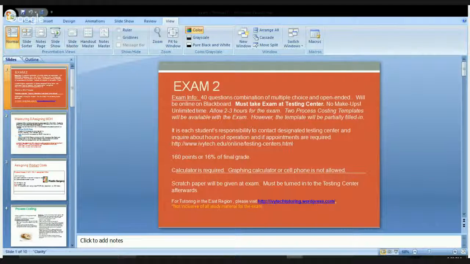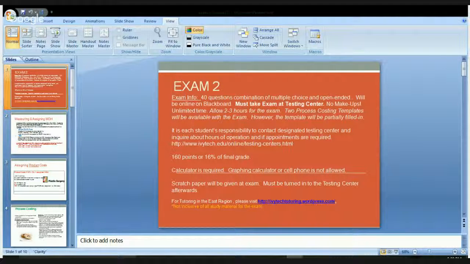Now, we know that the actual cost isn't known until the end of the year. So we have a couple ways that we estimate those. We use the PDOR, or predetermined overhead rate. Now, in the book, you might see budgeted overhead rate, and that's the same thing. We allocate the overhead to products by one single activity, and it equals the total estimated manufacturing overhead divided by the total estimated activity.